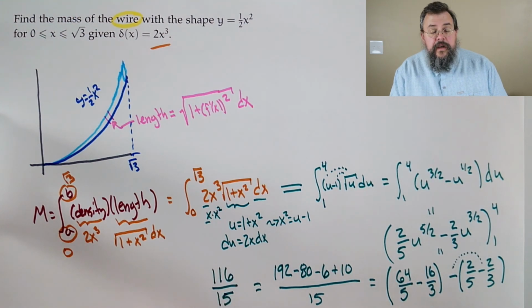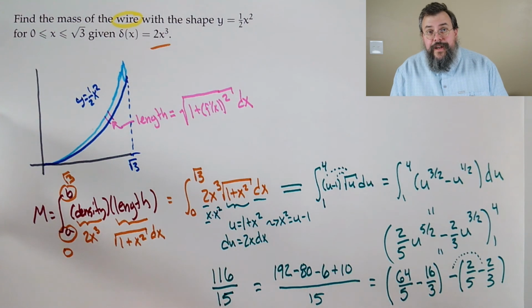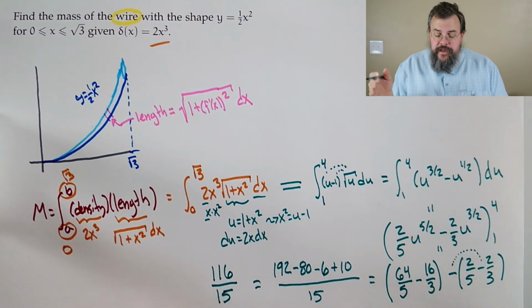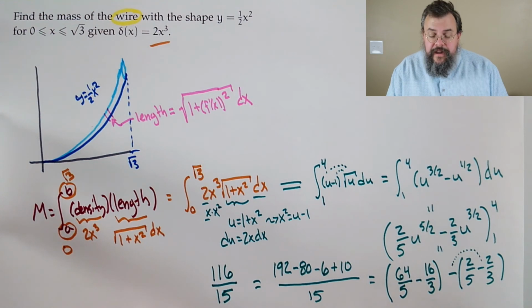Can we simplify? Well, it's not divisible by 5, we can tell, because of the last digit. And it's also not divisible by 3, because if you add up the digits, 1 plus 1 plus 6, you get 8. That's not divisible by 3, so that means the original is also not divisible by 3, which means that's as simple as it gets.